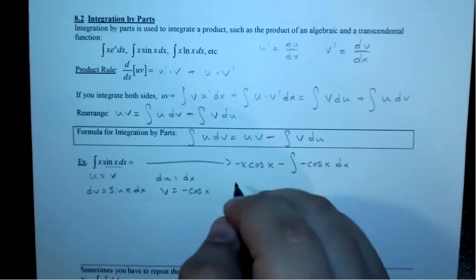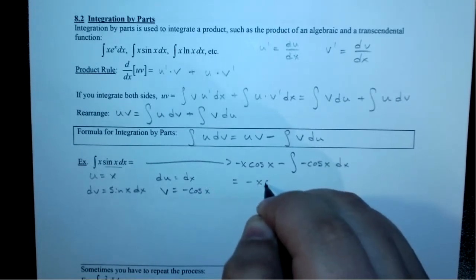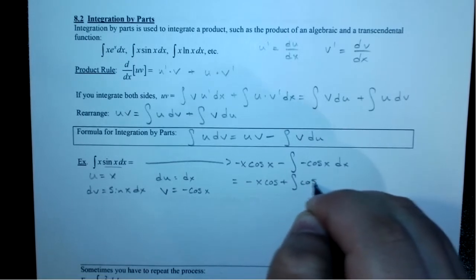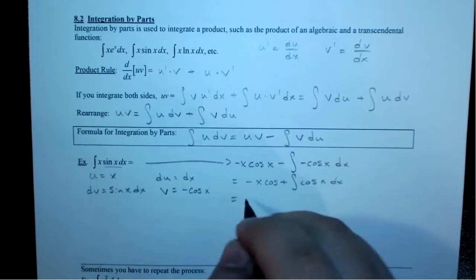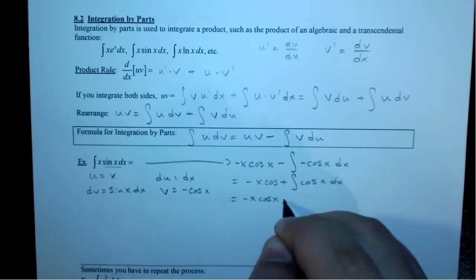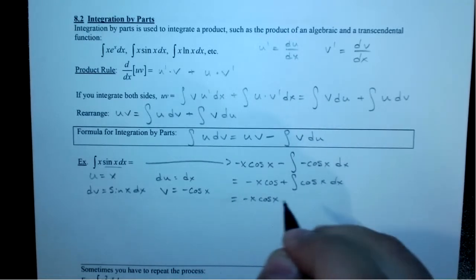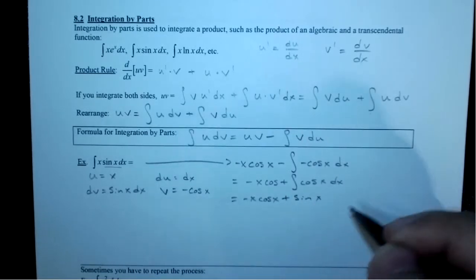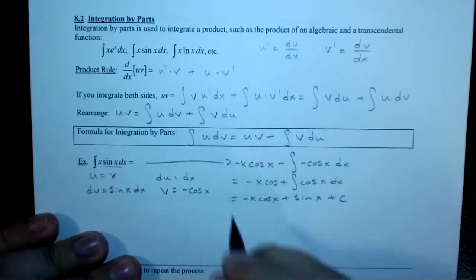Okay, and if we rewrite this a little bit, we get negative x cosine x plus the integral of cosine x dx. And now we can integrate this piece: negative x cosine x, the integral of cosine is sine, so plus sine of x plus c. Don't forget to add your c.